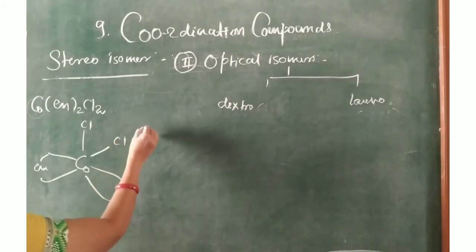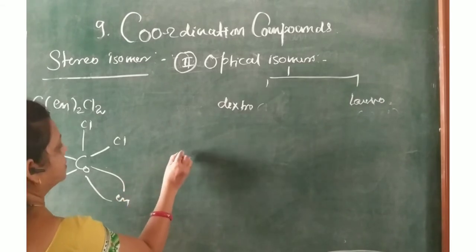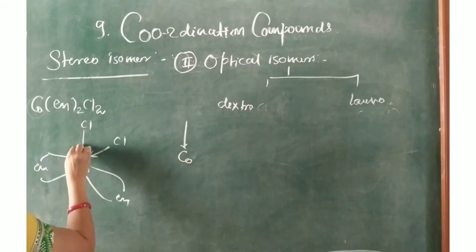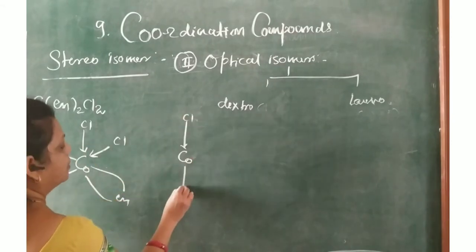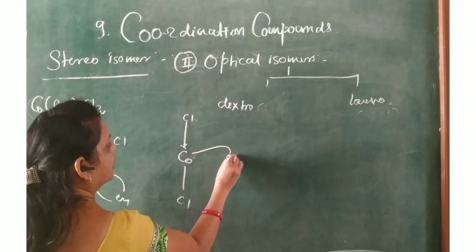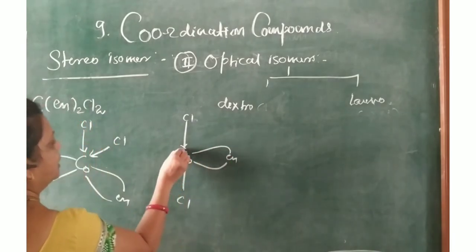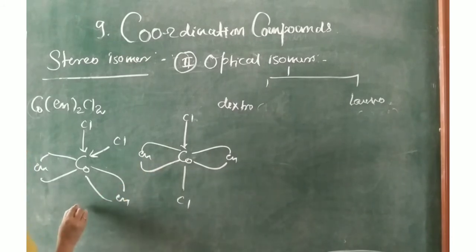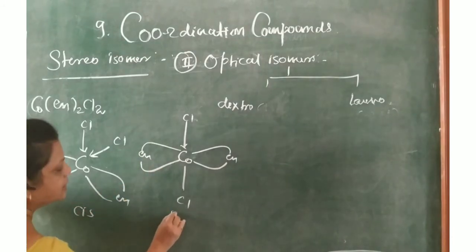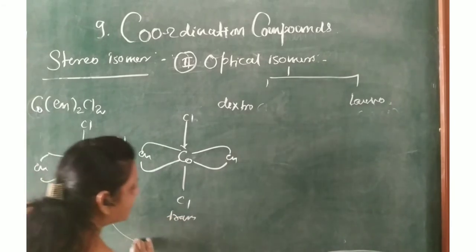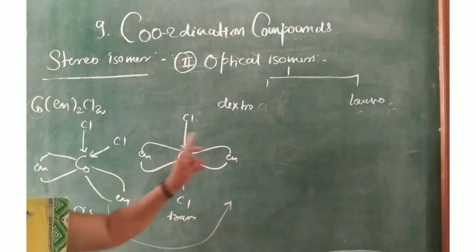Then trans isomer Co, here Cl, here Cl, then en, ethylene diamine, en and en. This is cis isomer, this is trans isomer. And for cis isomer, there are dextro and laevo.